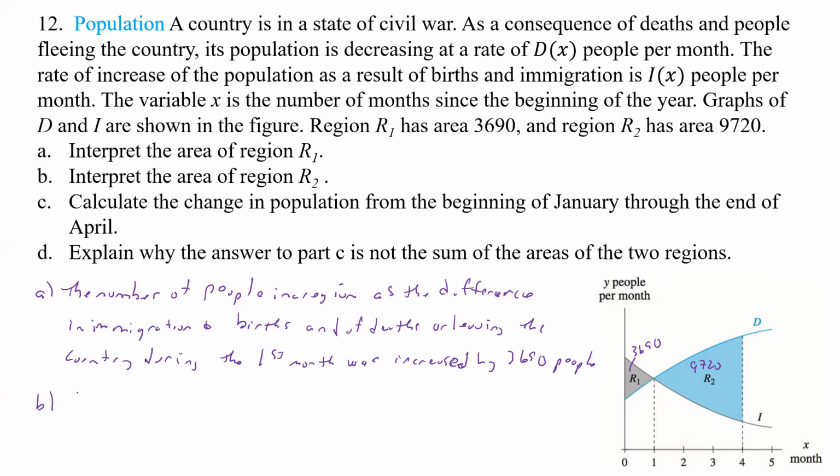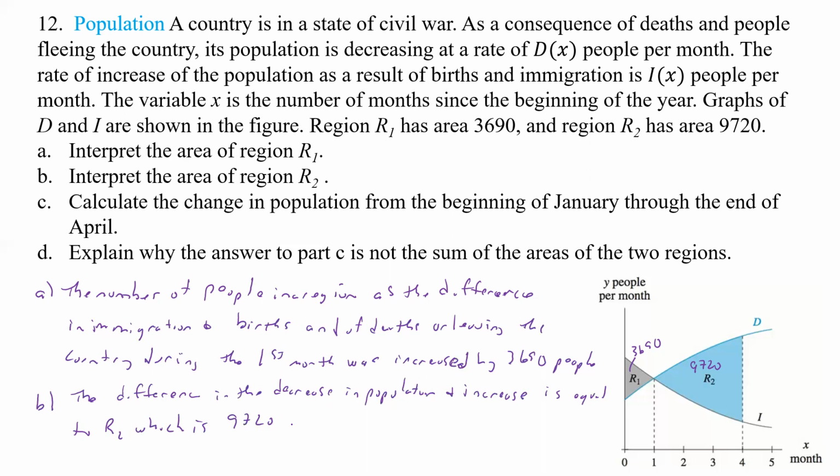All right, so here, B. So the difference in the decrease in population for all reasons, and increase, is equal to R2, which is 9720 people from the second to fourth month.